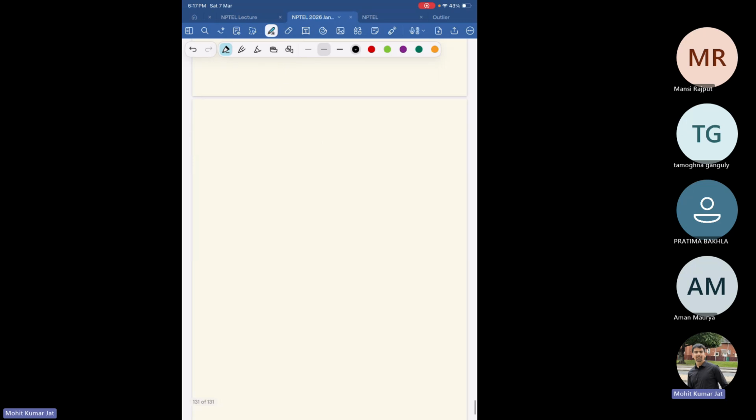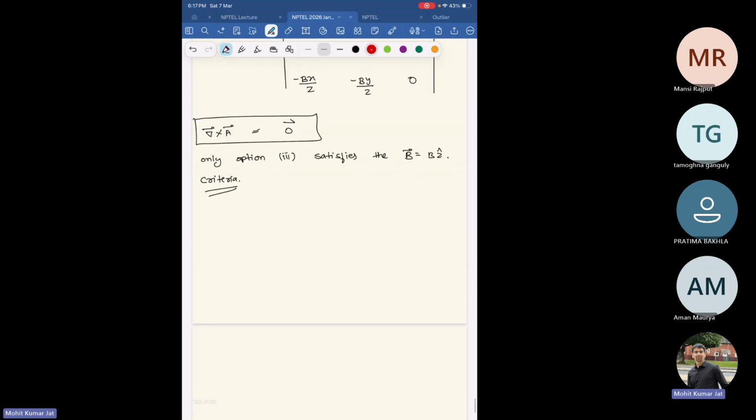But let me ask you one question. Is the choice of vector A for B equal to Bz cap unique? Anyone who wants to answer this question?